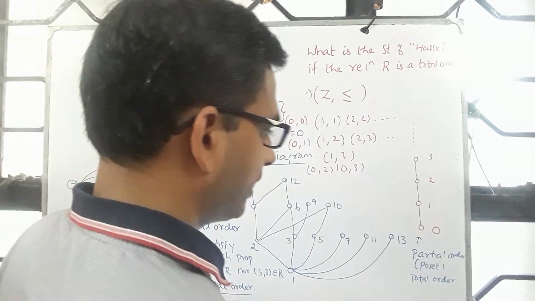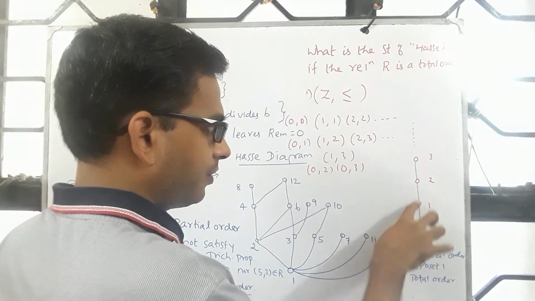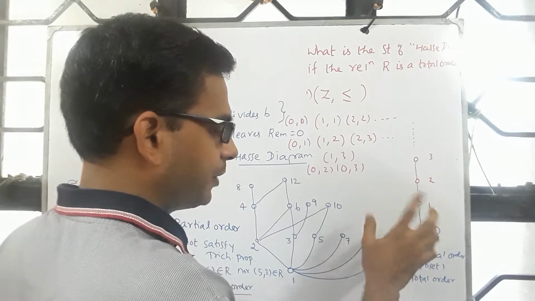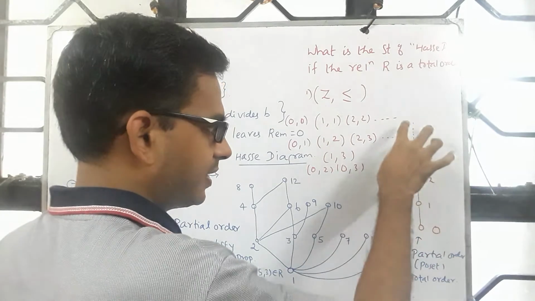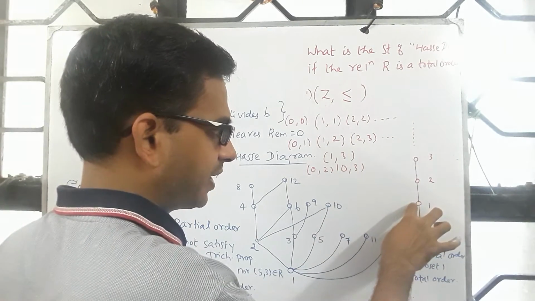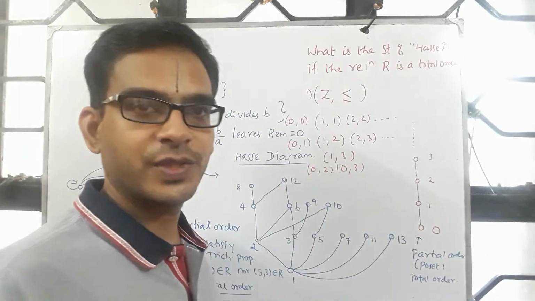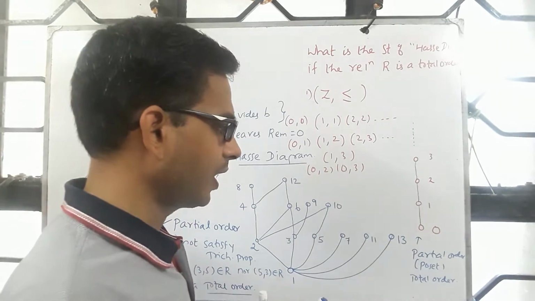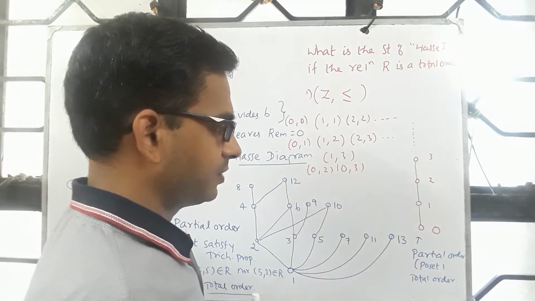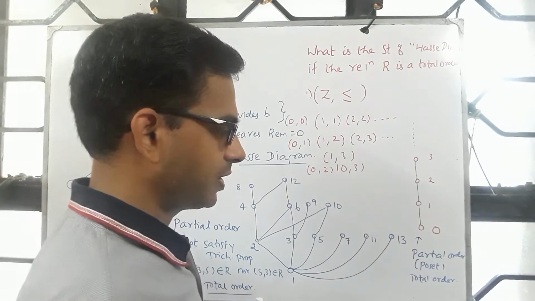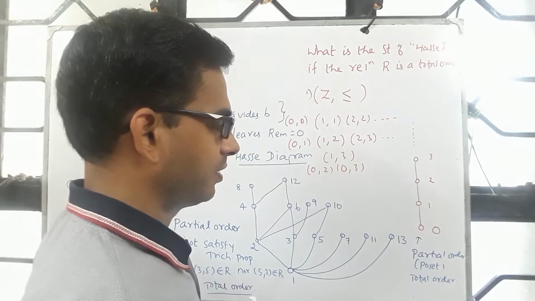If you look at this, you can compare any two elements. You look at 1 and 10. 1 is here and 10 is above, which means the antisymmetric arc is from 1 to 10, because 1 is less than or equal to 10. And this is true for any pair. So this is clearly a partial order and a total order.